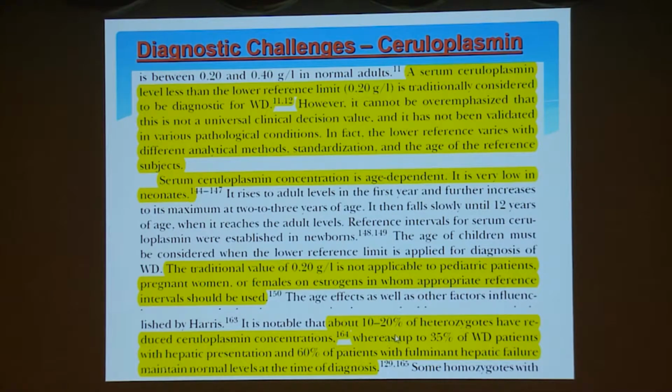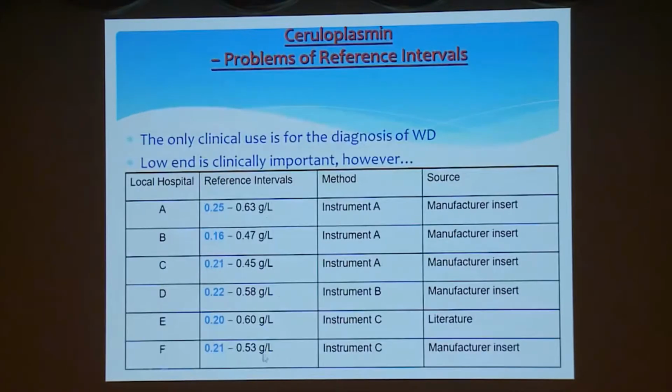We also know that there are limitations to ceruloplasmin. 10 to 20% of heterozygotes will have low ceruloplasmin, and up to 30% of Wilson disease patients with hepatic presentation, such as acute liver failure or acute inflammation, can have normal levels, because ceruloplasmin is a positive acute phase protein and can rise to a normal level. So it may make this marker less useful in these situations.